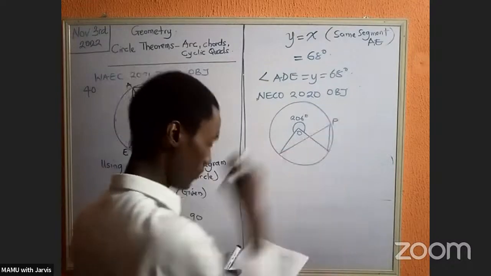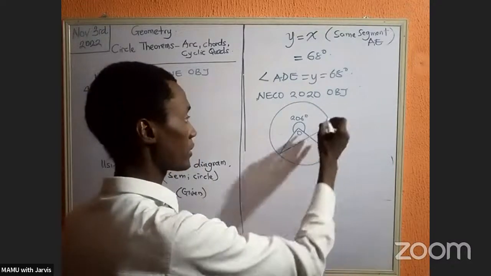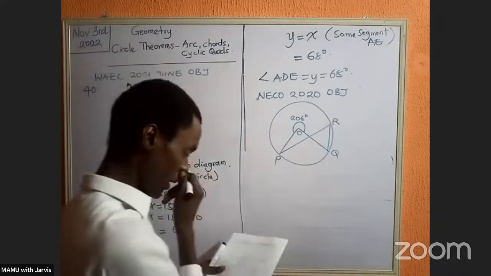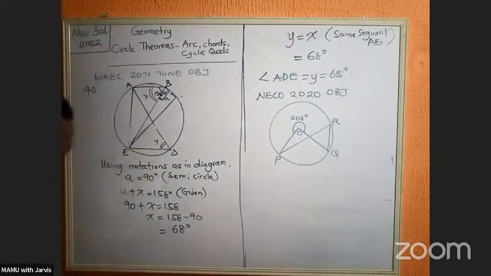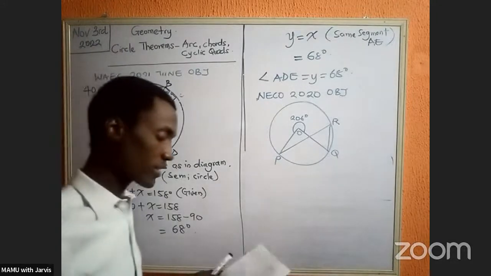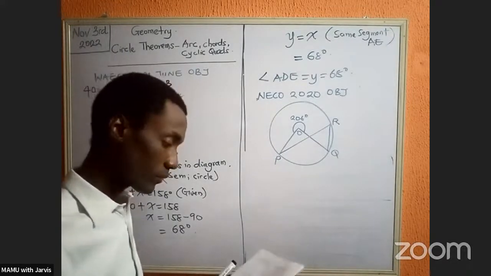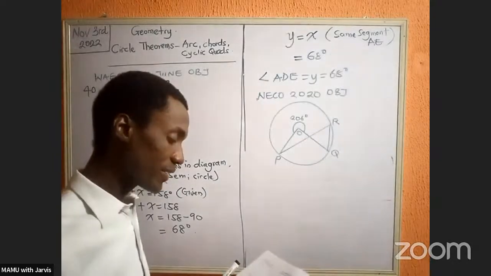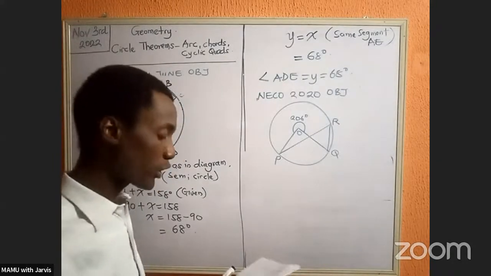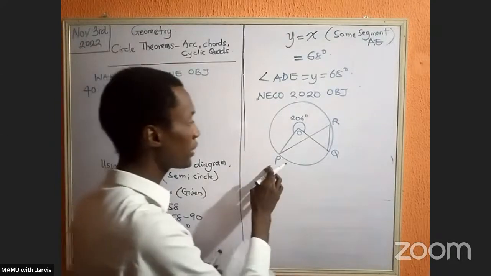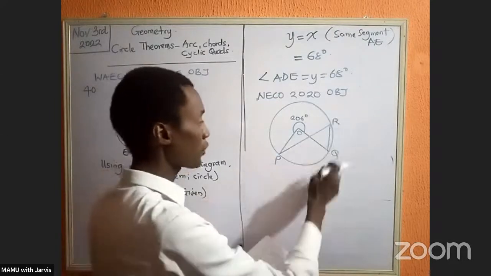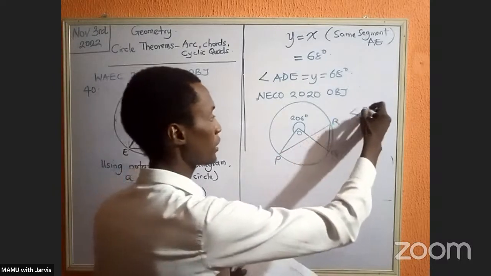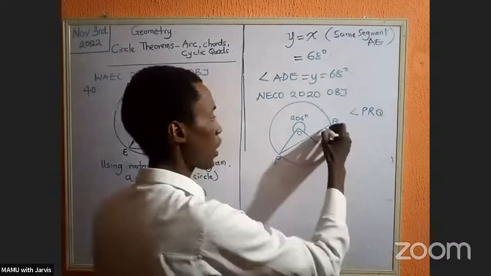That's R, that is Q, and that is P. We are told that if O is the center of the circle, in the figure below, find the value of angle PRQ. We're told to find angle PRQ.